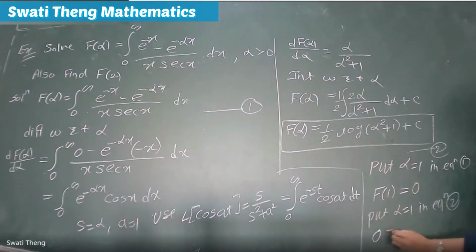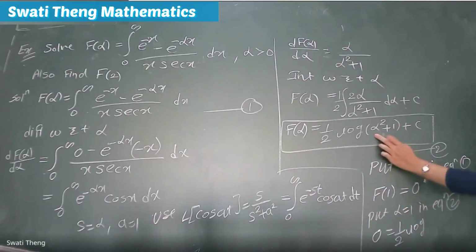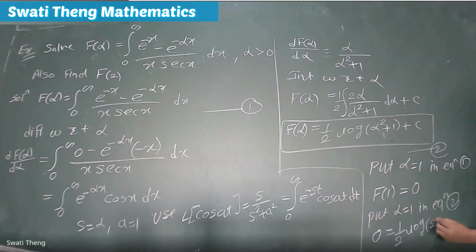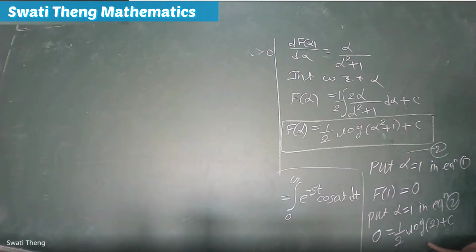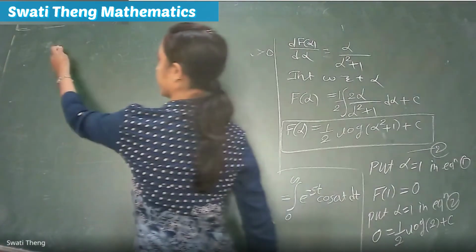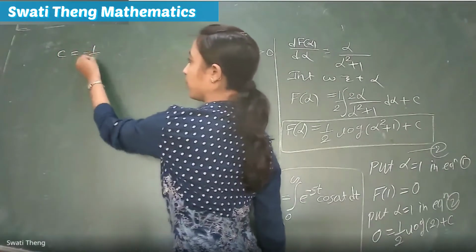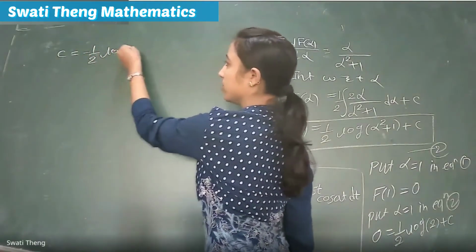In the right hand side, it is 1 upon 2 log of, here alpha is 1, so 1 plus 1 is 2, plus c. So here c equals minus 1 upon 2 log of 2.